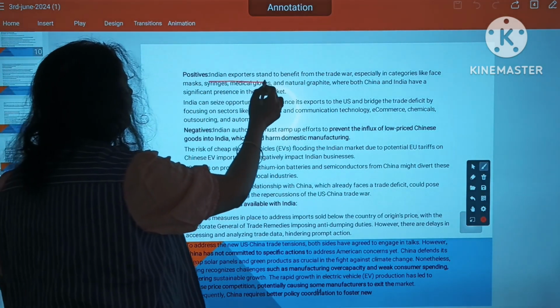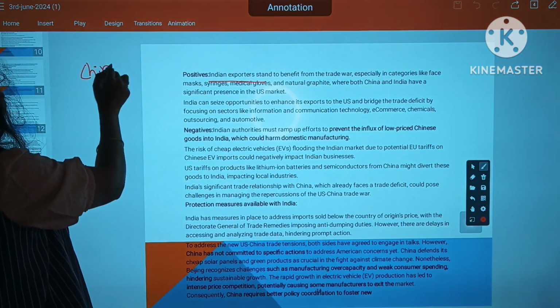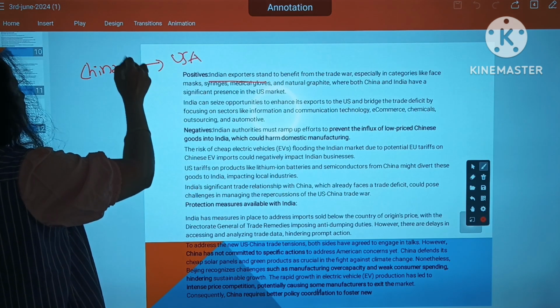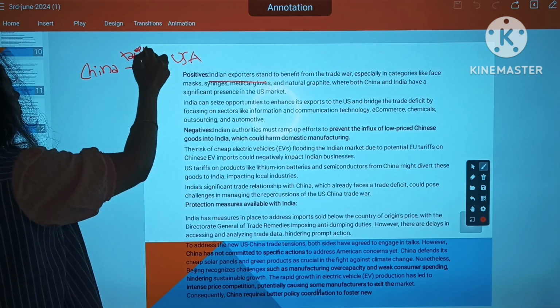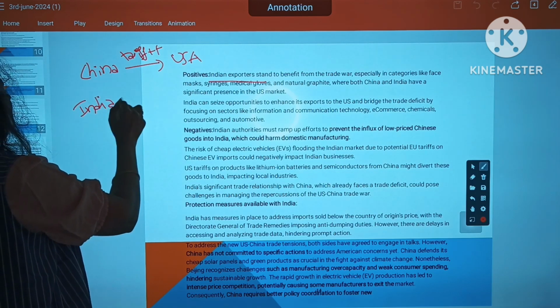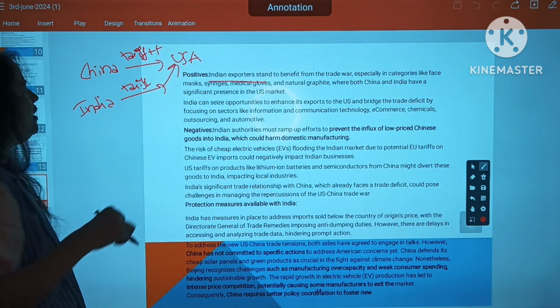Indian exporters will benefit. Suppose China can't enter its products into the USA as the tariff is more, while on Indian products the tariff is less. So they can enter the USA easily.